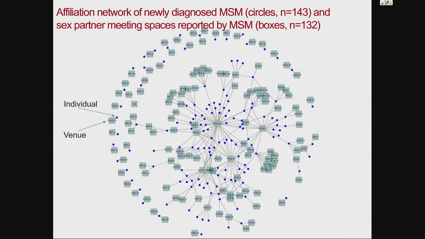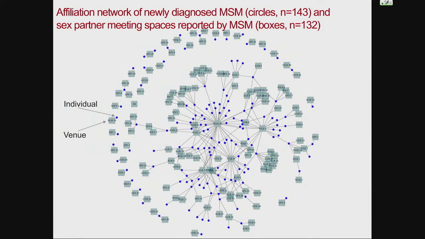So this shows the affiliation network of newly diagnosed MSM and their sex partner meeting spaces. To orient you a little bit, the circles are individuals. We're used to seeing this as all sex partners, right? Egos and their sex partners. But actually, these represent venues. If you can see the name, of course this one features prominently, and this is Web 11.